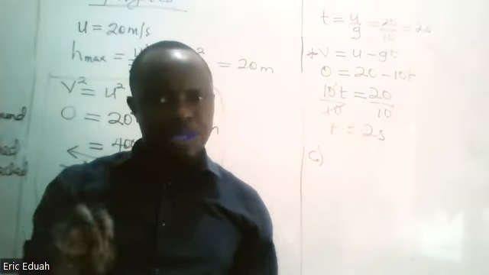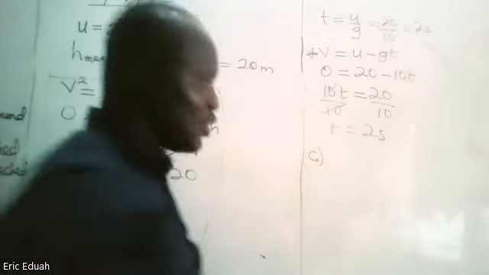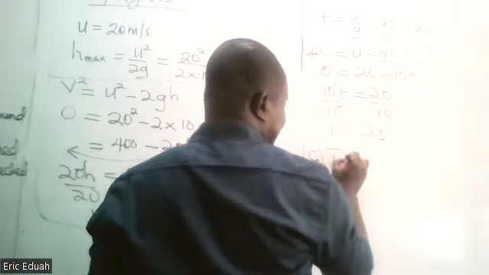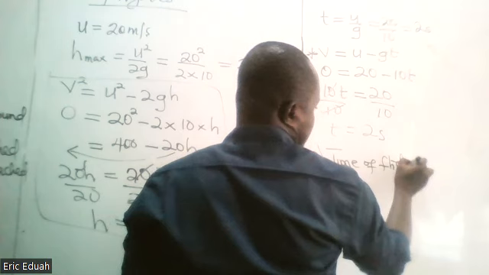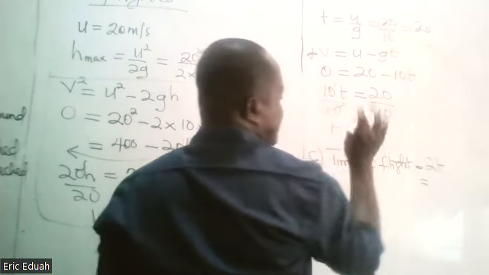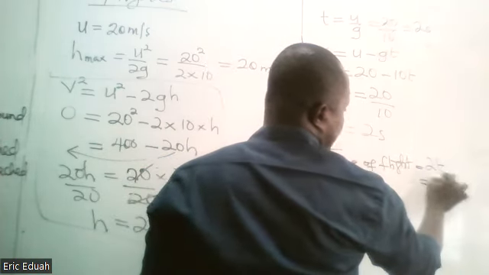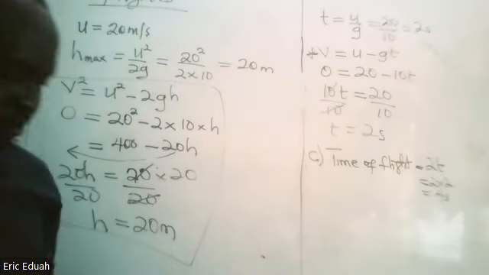Time of flight. Excellent. So time of flight would be equal to 2 times t, and because t is 2, 2 by 2, you have 4 seconds.